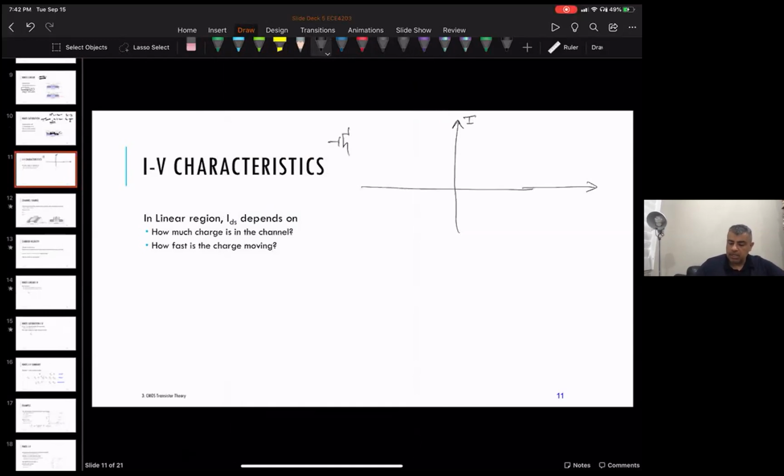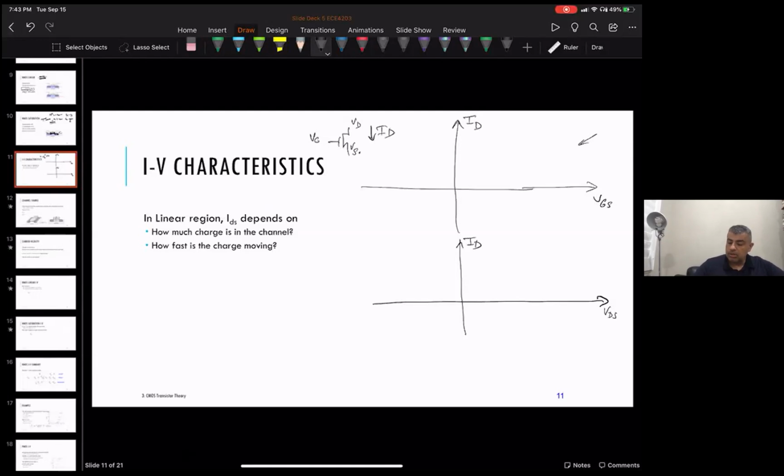Okay, we have a gate terminal, drain terminal, and source terminal. And we have these graphs we draw that are two-dimensional, right? Voltage versus current. So one graph we can draw is the gate source to I sub D current. Okay, the other graph we can draw is the drain source versus I sub D current. Okay, for the same transistor.